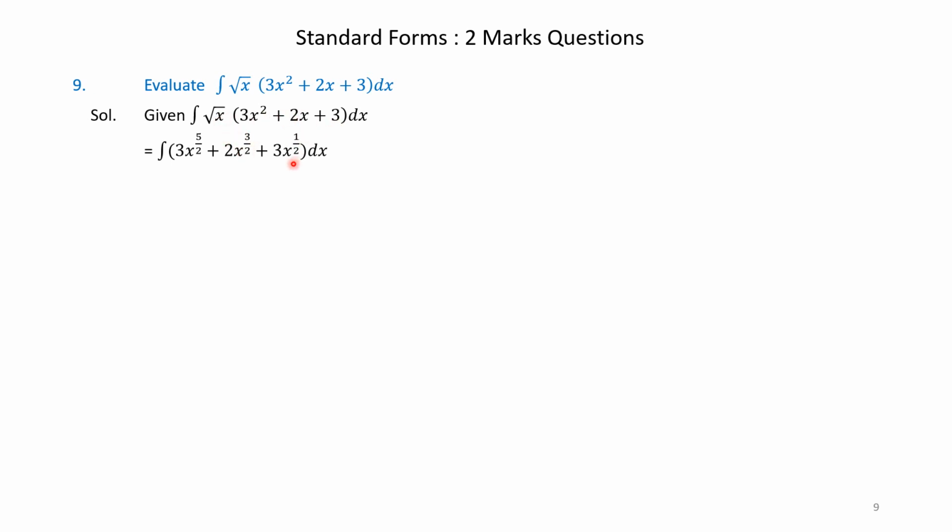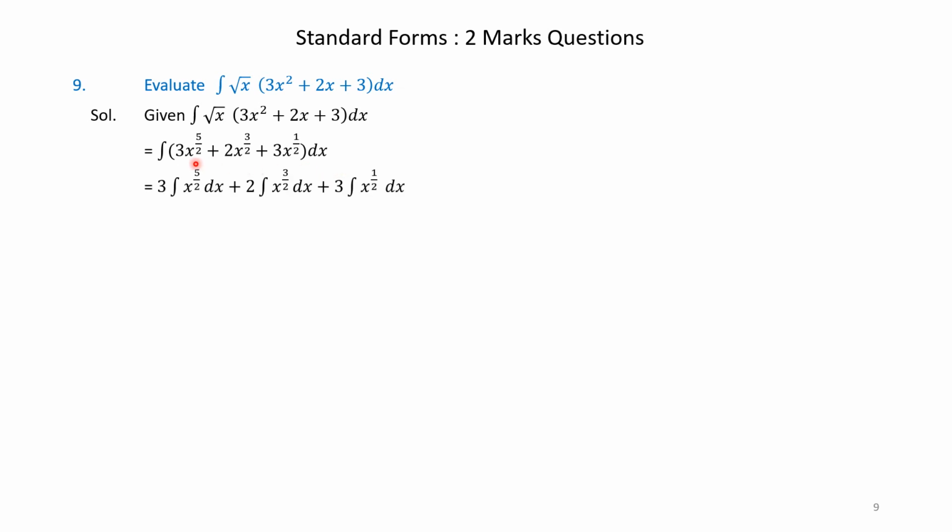Therefore, plus 3 into x to the power of half. This outside coefficient x to the power of half comes here. So the given expression is simplified and written as integral 3 into x to the power of 5 by 2 plus 2 into x to the power of 3 by 2 plus 3 into x to the power of half, that is square root of x, into dx.